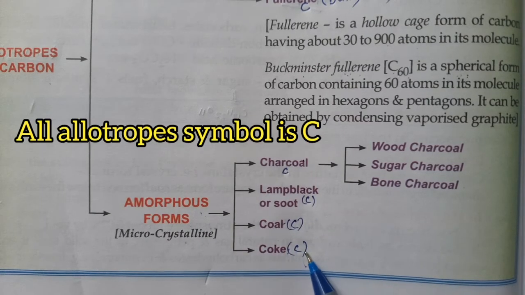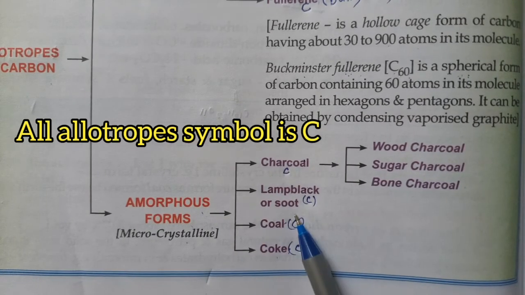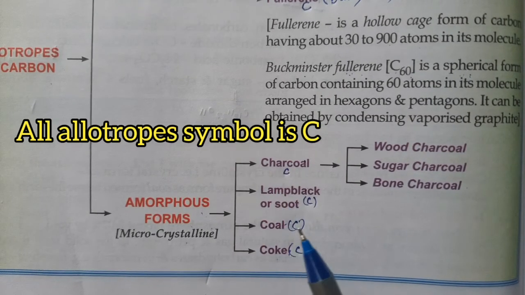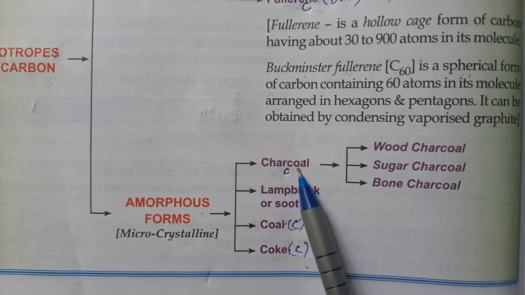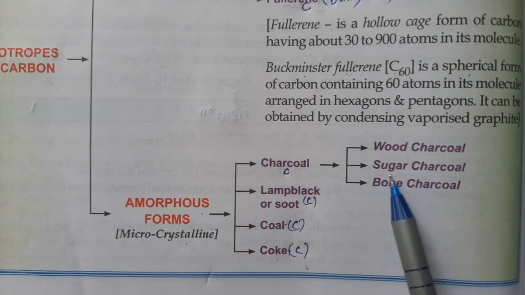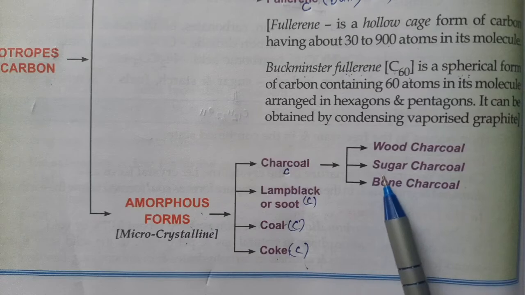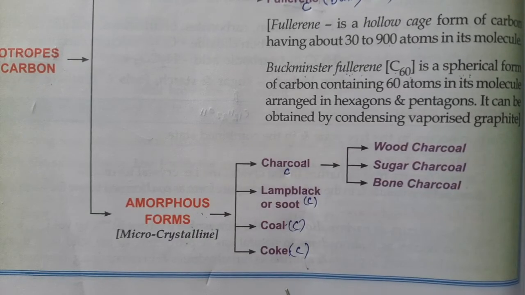This coke symbol is C, it is not Coca-Cola. Remember that. Lamp black's other name is soot. You can make this flowchart in your exercise copy on the blank page side. Now, charcoal is of three types. One is wood charcoal, obtained from wood. Another is sugar charcoal, obtained from sugar. Another is bone charcoal, obtained from bone.